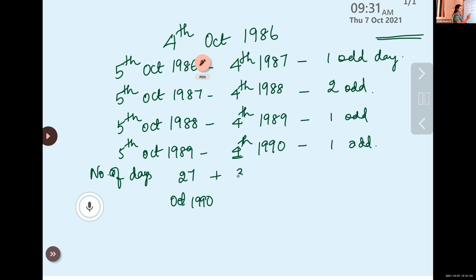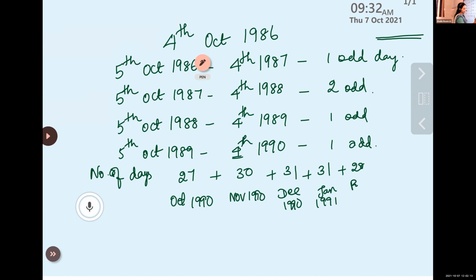Plus 30 days in the month of November 1990. Then 31 days in December 1990. Then 31 days in January 1991. Then 1991 is not a leap year, so 28 days in February 1991. Then March, 31 days.